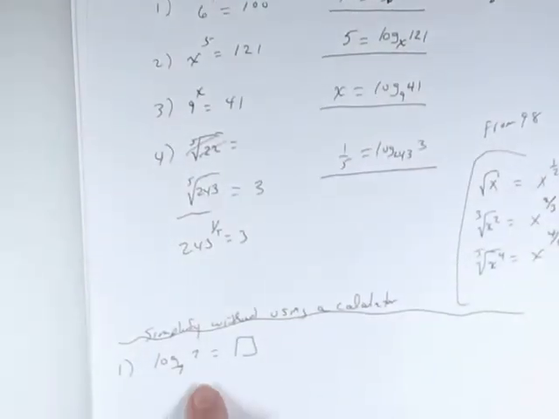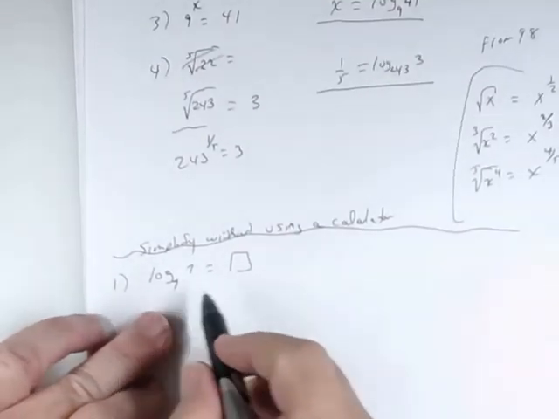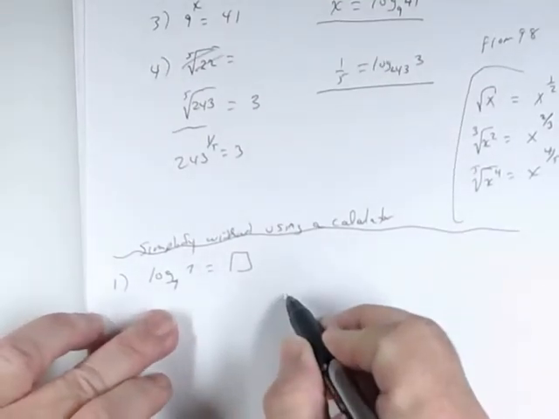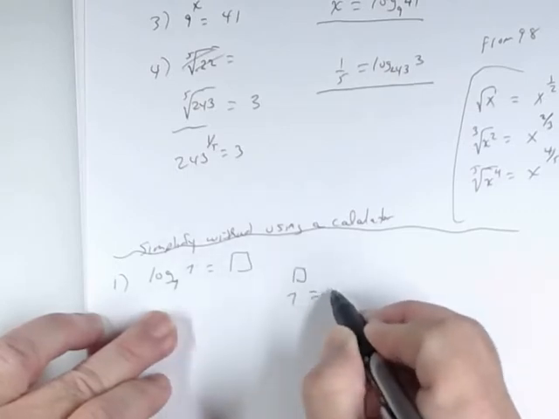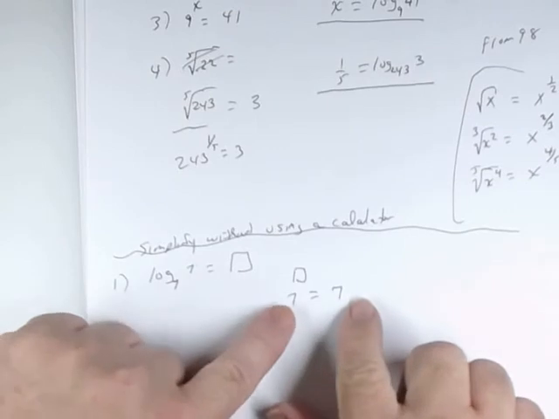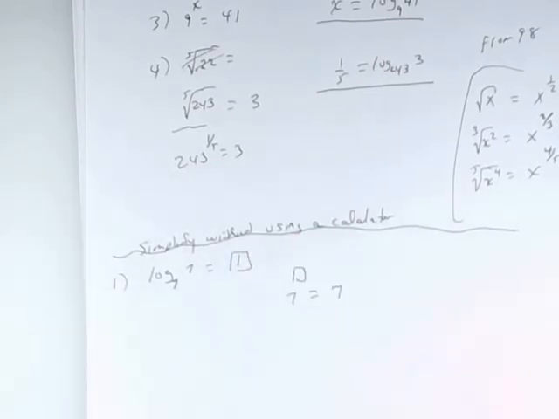So when you change to an exponential, you're going to say the base, what's the base? 7 raised to the box equals the argument. What's the argument? 7. Well, 7 to what power is itself? 1. 7 to the first power is 7.